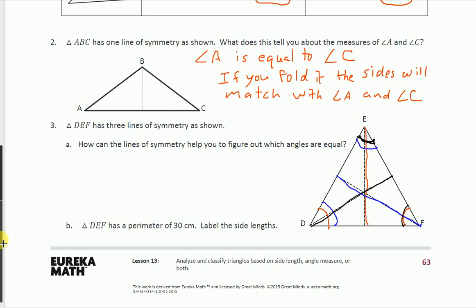So what we've proved is that all 3 angles will have the same measurement.